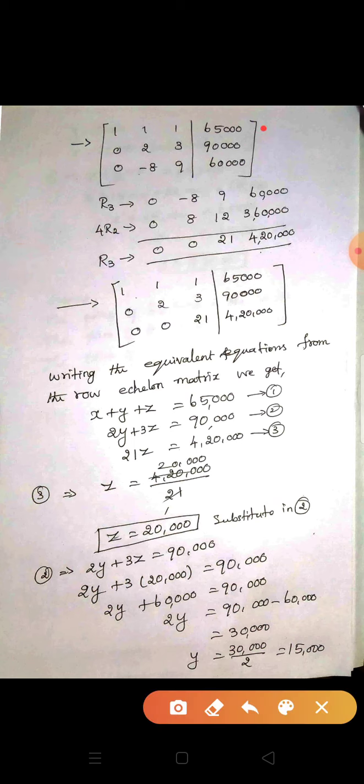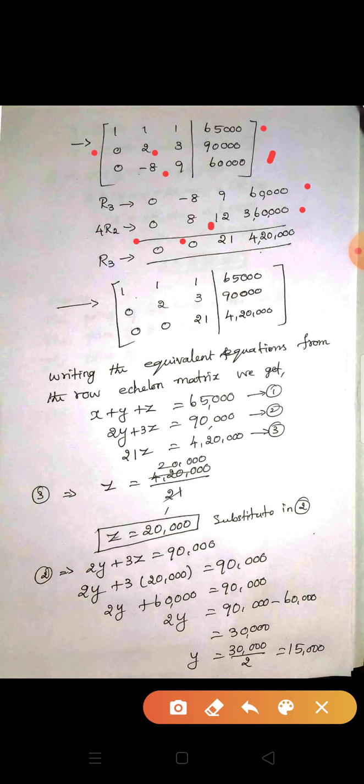Now we write the first row, no change. Second row, now changed: 0, 2, 3, 90,000. Third row, no change: 0, minus 8, 9, 60,000. Now R3, comparing with R2, second row, second element 2, here minus 8. Then what should be multiplied? Think: 4 into R2, so 0, 8, 12 and 3 lakh 60,000.